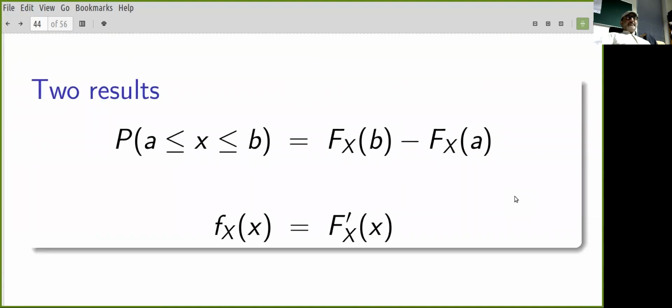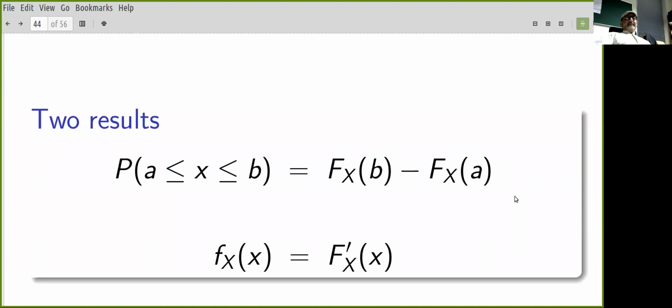Two useful results. One is that if you're asked for the probability that x takes values between a and b, you can integrate the PDF from x equals a to x equals b, and you get that result.